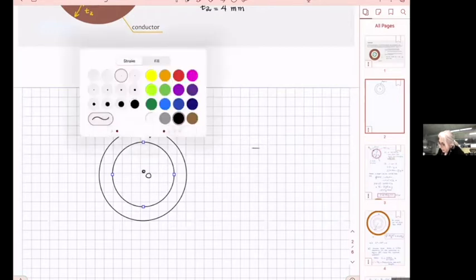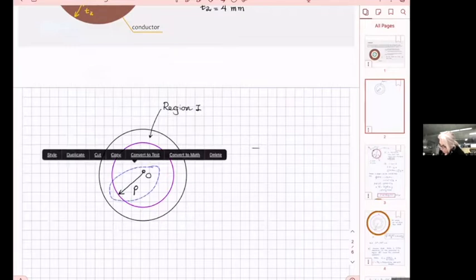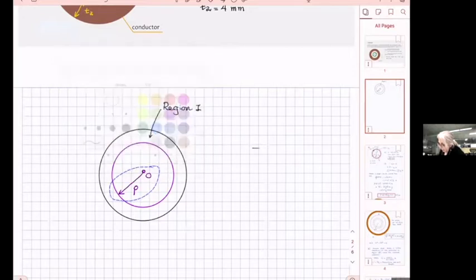I take it at a distance that I call rho. Then I take the divergence theorem, Gauss's law, which says that the divergence of D in region 1 is 0 because there are no charges in region 1.